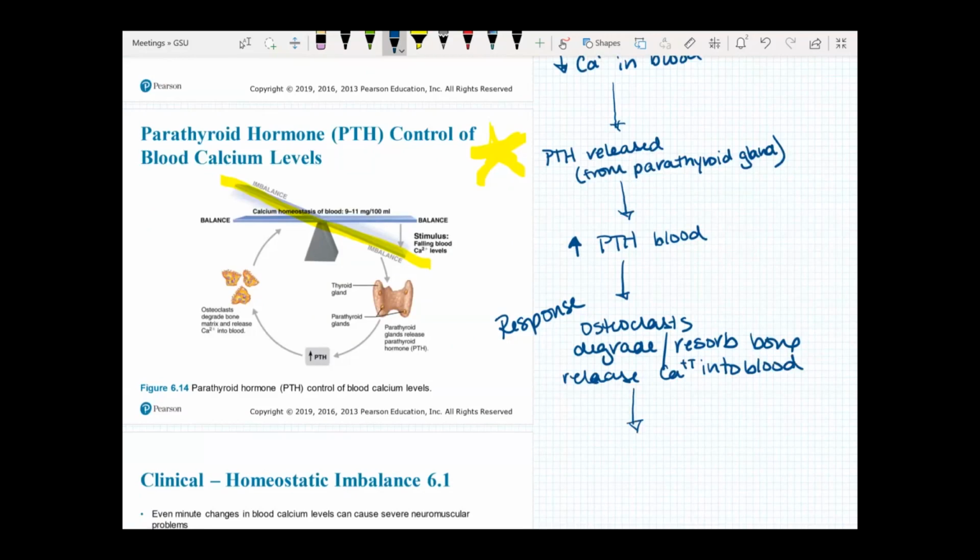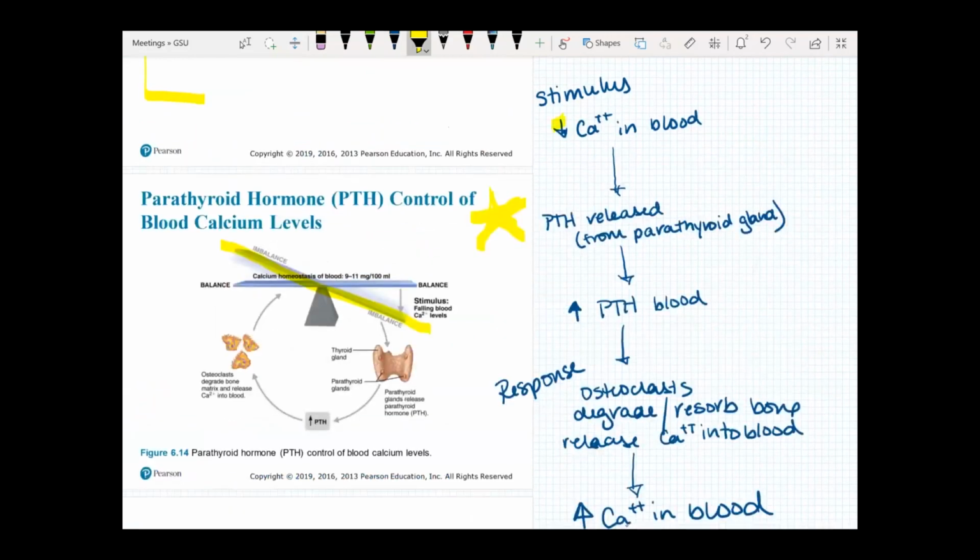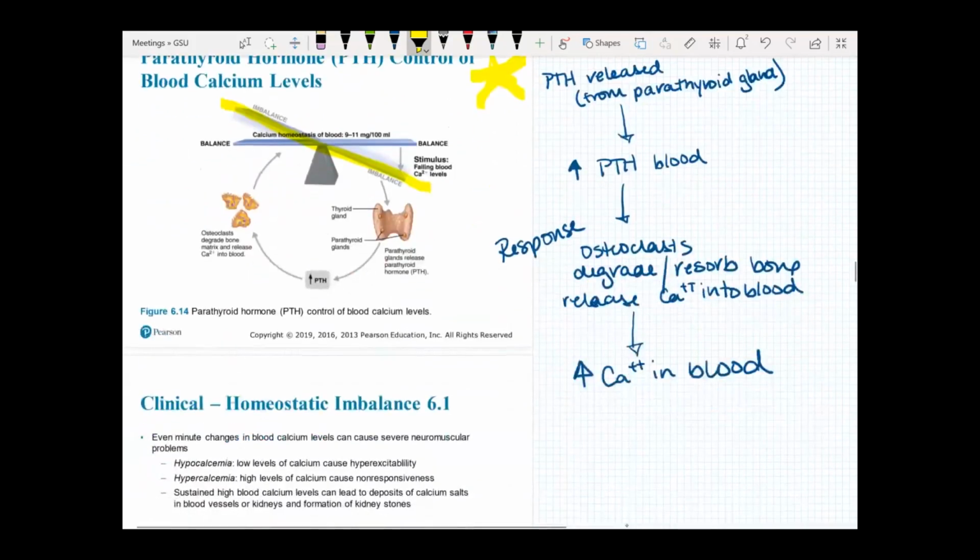My calcium levels will increase in my blood. So this process started with a decrease in calcium levels and ended with an increase of calcium levels, all because by releasing parathyroid hormone, I'm going to start degrading my bone and getting that mineral out. So this is a really cool process.